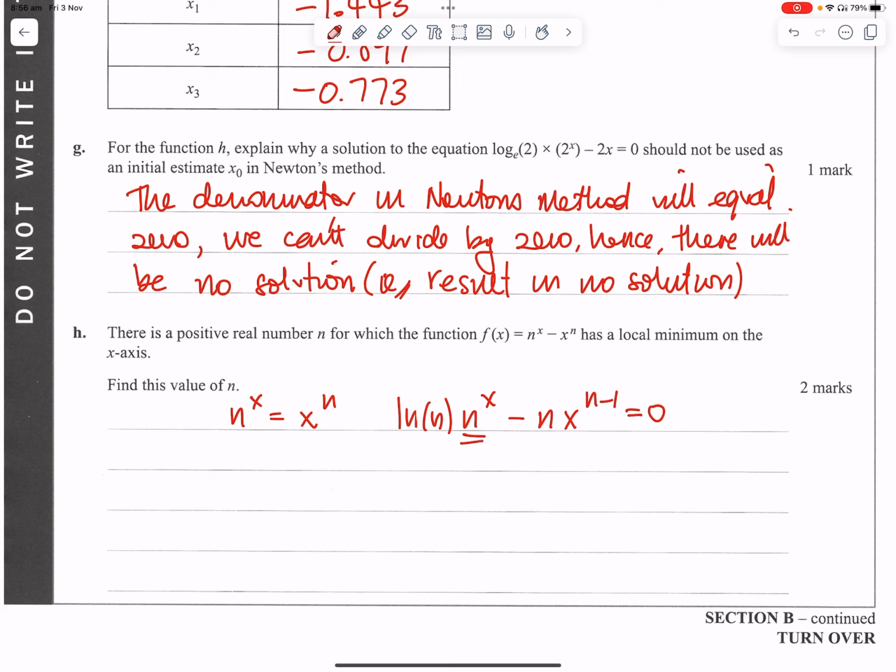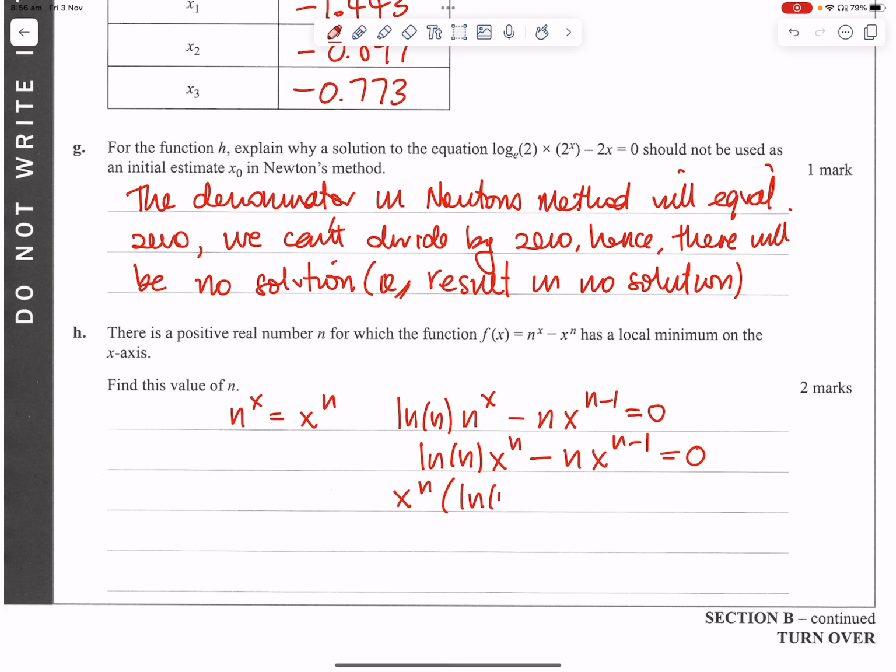I could replace that with x to the n. So log e n x to the n from this minus n x to the n minus 1 is 0. We could take out x to the n.